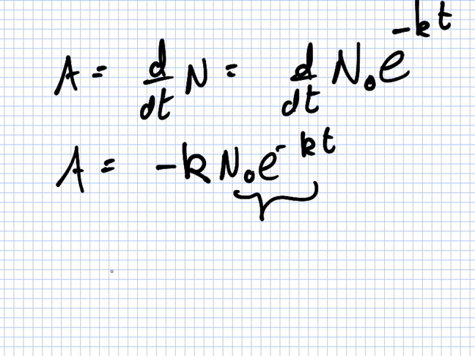So now you get A equals minus k n. Now, do we have a formula for k? Yes. So if you know how much you have, you just multiply by the decay constant and you can know its activity.